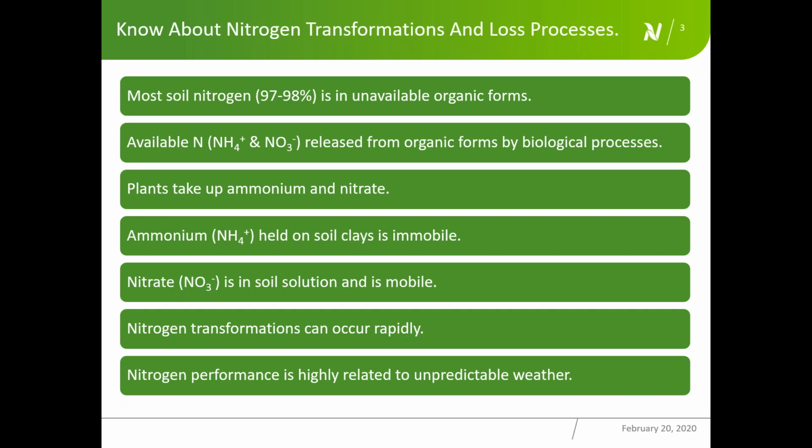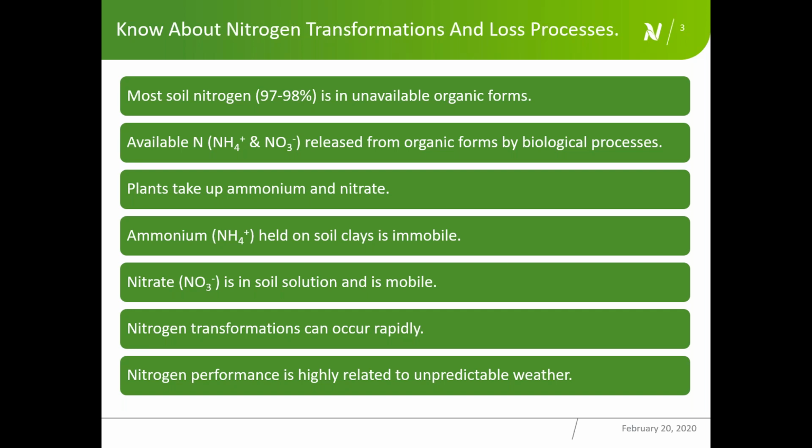Some of that becomes available over the growing season through biological processes. We also know that plants take up ammonium and nitrate forms, and so those are two of the forms that we're most interested in for our discussion today. Their behavior influences the various loss mechanisms as well as the amount of nitrogen that gets into the plant.